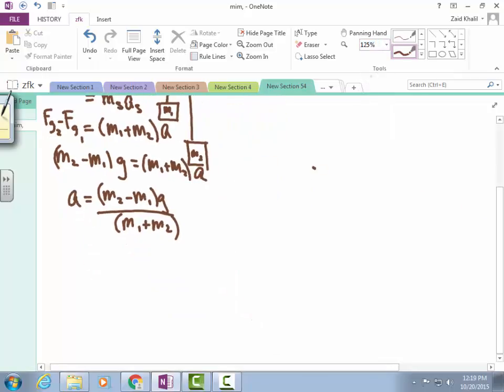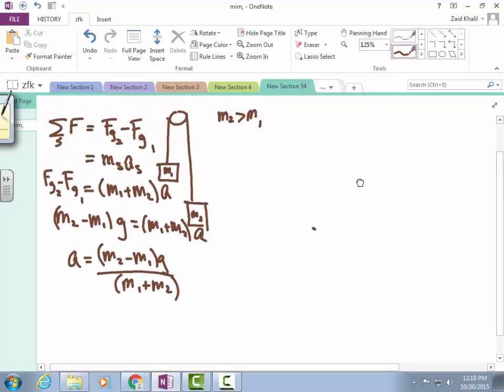But you have to tell me why it says down is positive. Okay. And, yes, look at the formula. M2 is greater than M1, so this is positive. Correct. And what do you notice? M2 is going to go which way? Down. So you have to be careful. You can't just follow the systems approach blindly. You have to be careful about coordinate systems.